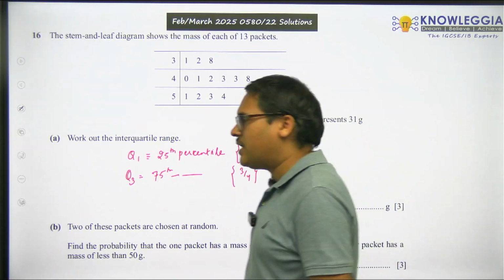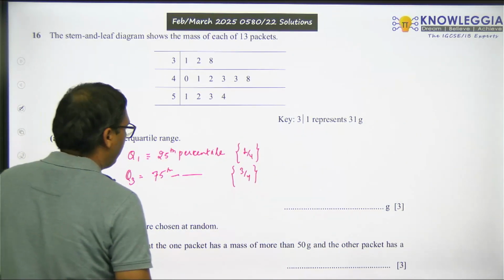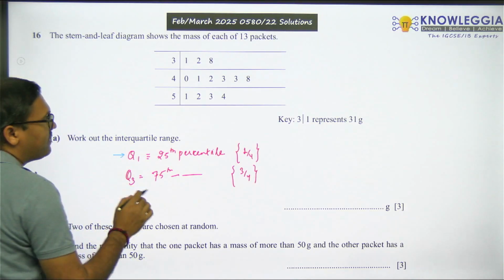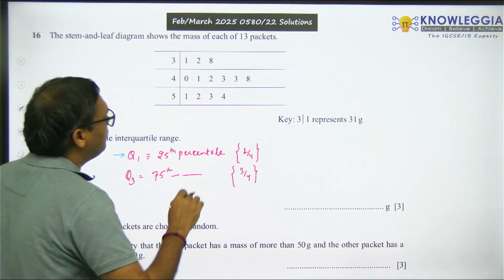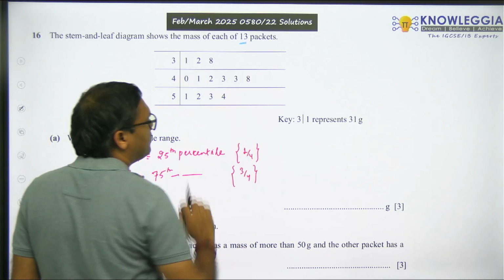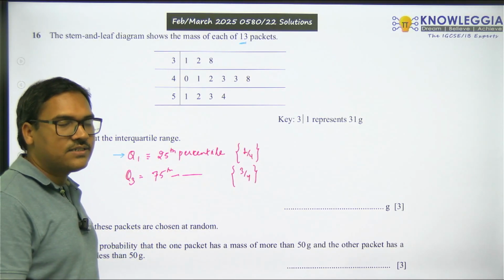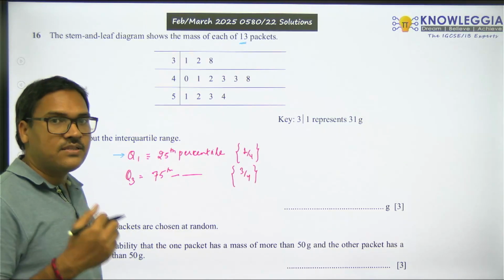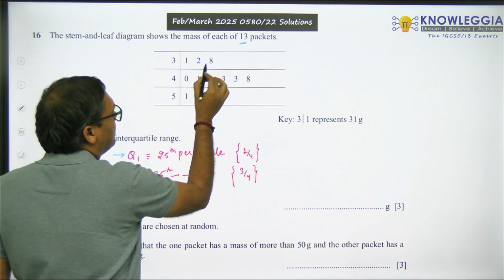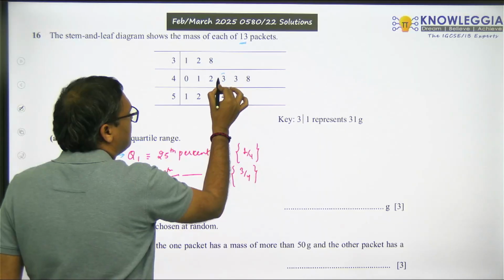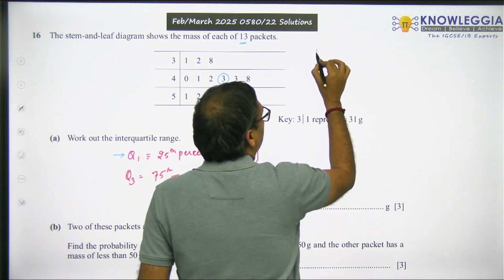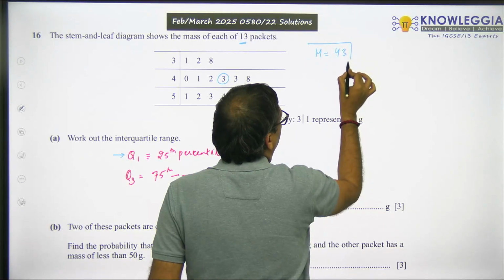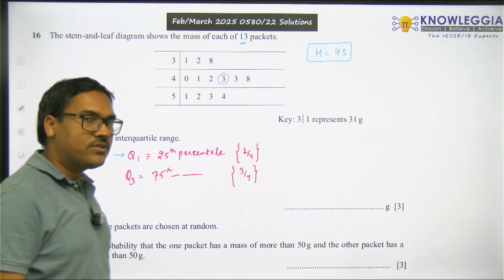Otherwise, what you can do is, you know how to find the median. So Q1 is basically found after finding the median. If you have 13 data, 13 plus 1 is 14, divided by 2 is 7. So 1, 2, 3, 4, 5, 6, 7. This is the median, which is 43. Now what is Q1?